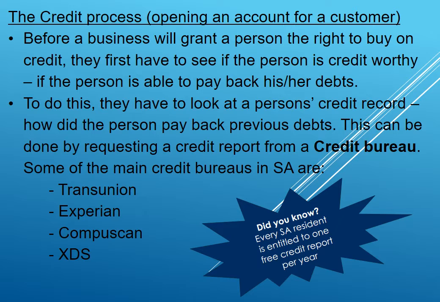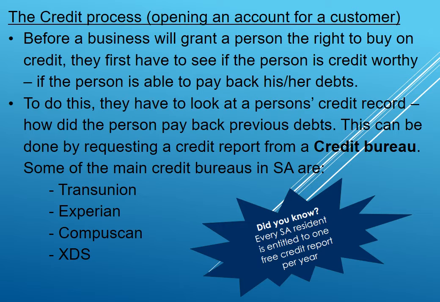In order to find this out, the business has to look at a person's credit record. Now, what is a client's credit record? There you can actually find out how this person has paid off previous debts or previous commitments. Now, how do you find this out? You can request a credit report from a credit bureau here in South Africa. There are quite a couple that you can contact.